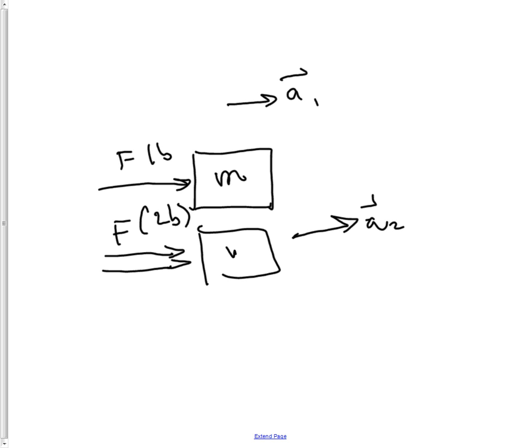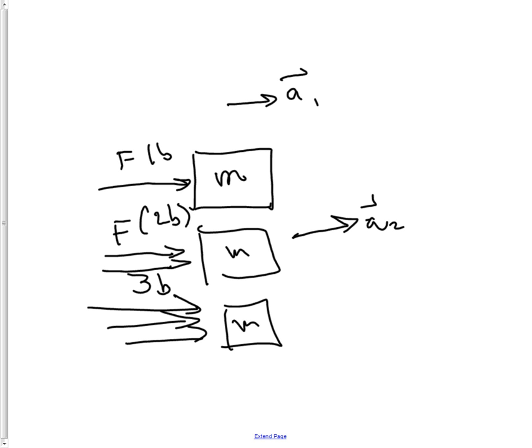Again, I'll keep the mass constant. Now I'll take 3 of my machines so that I'm exerting a force of 3 Bakers, and now I'll get some acceleration a sub 3, and so on until I have enough data that I'm happy with my results.